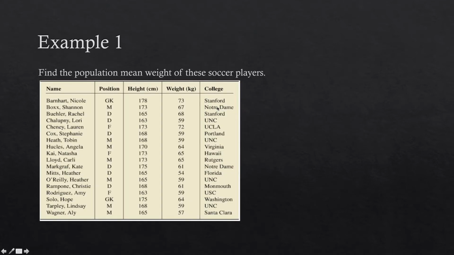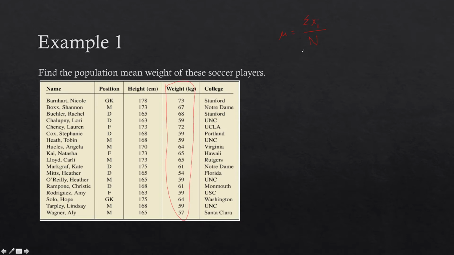Find the population mean of the weight of these soccer players. So the population mean again is going to be mu equals the sum of x sub i all over capital N. Now we're looking at the weight of the player, so we're looking at this column right here.